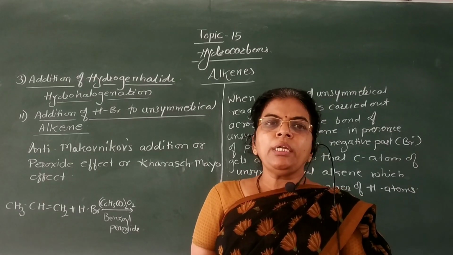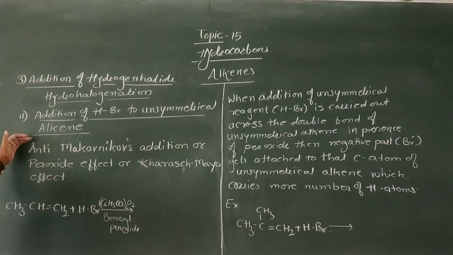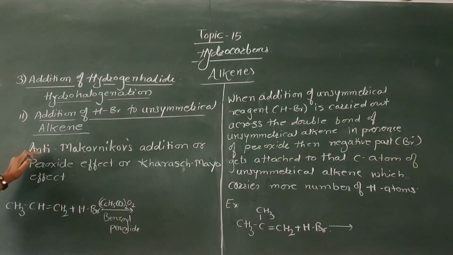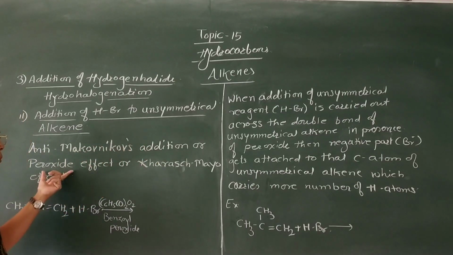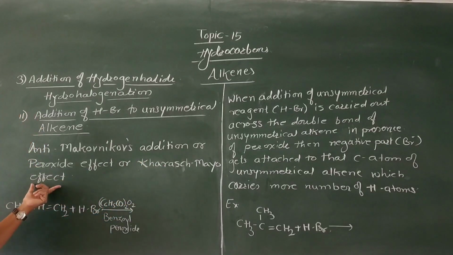Now we are going to see the next point, that is anti-Markovnikov's rule, that is addition of HBr to the unsymmetrical alkene according to anti-Markovnikov's rule, or anti-Markovnikov's addition, or peroxide effect. It is also named as Kharasch-Mayo effect.